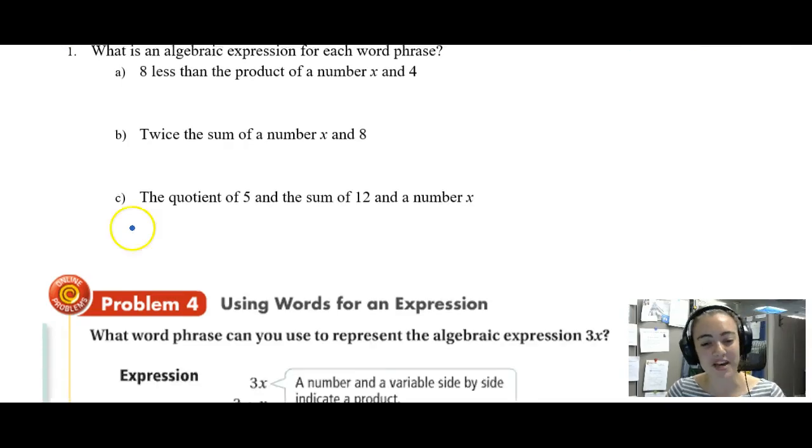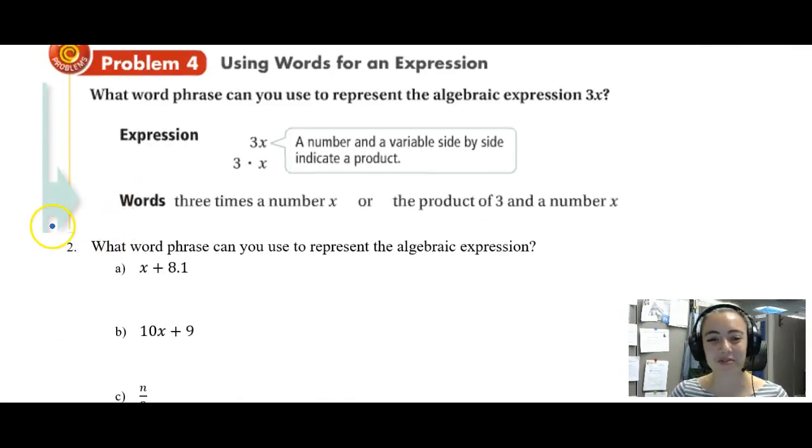All right, welcome back. Now we're going to work through problem 4 from the textbook, which is using words for an expression. What word phrase can you use to represent the algebraic expression 3x? We know it's an algebraic expression because it has a variable. Well, what words are that? Remember, we just wrote down some common ones.